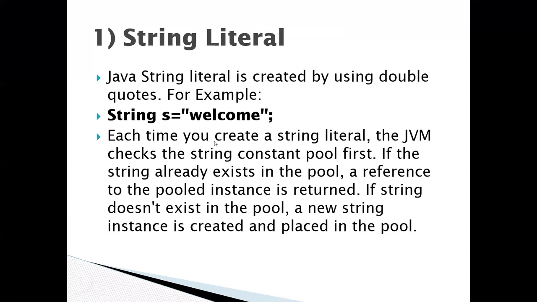Each time you create a string literal, the JVM will check the string constant pool first. If the string already exists in the pool, a reference to the pool instance is returned. If the string doesn't exist in the pool, a new string instance is created and placed in the pool.